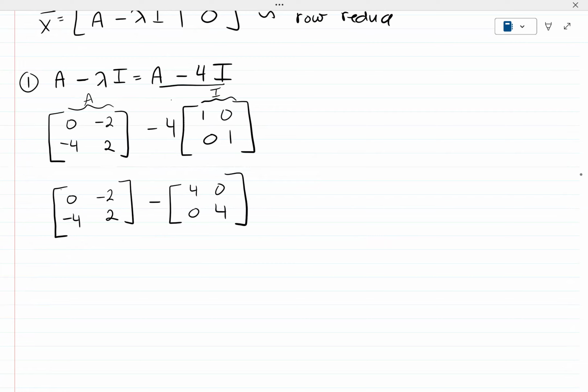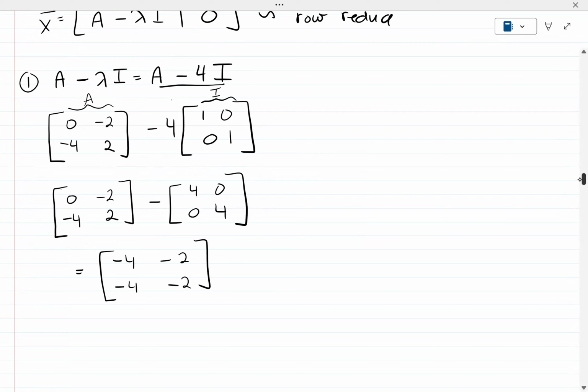You can definitely subtract these two matrices because they're both 2 by 2. 0 minus 4 is -4. -2 minus 0 is -2. -4 minus 0 is -4. 2 minus 4 is -2. Okay, so that's step one.